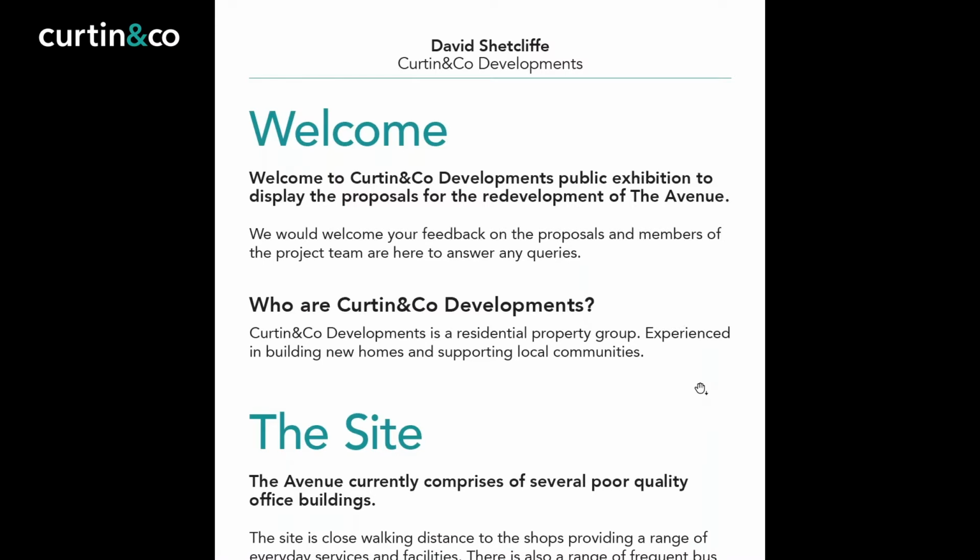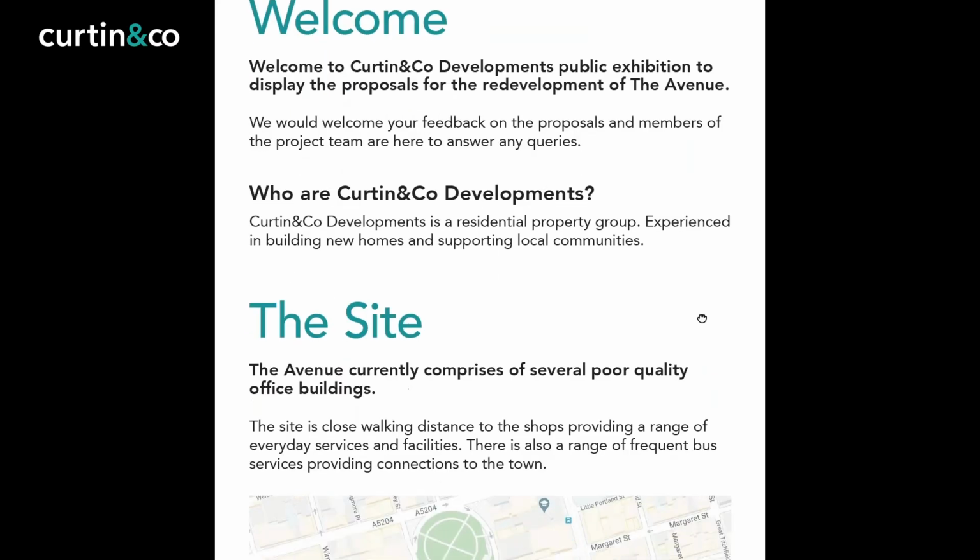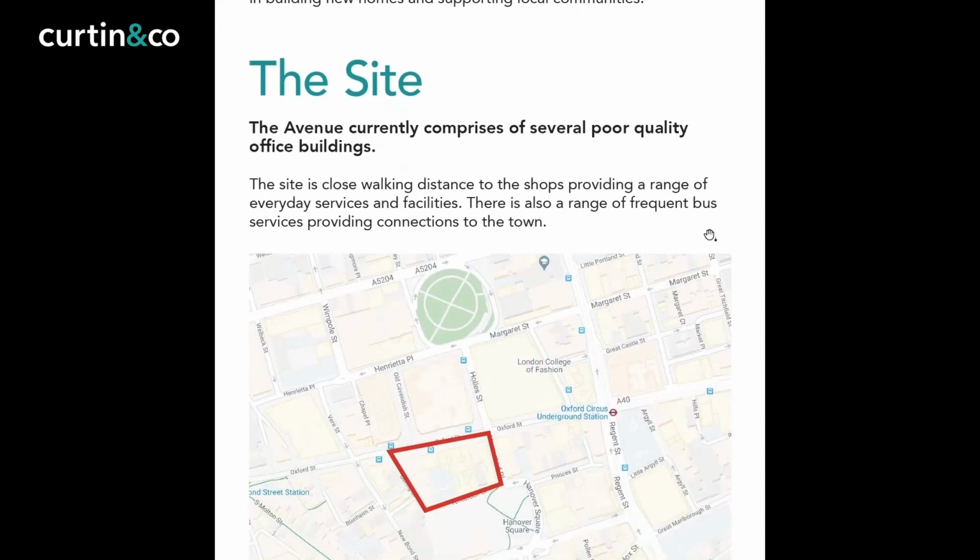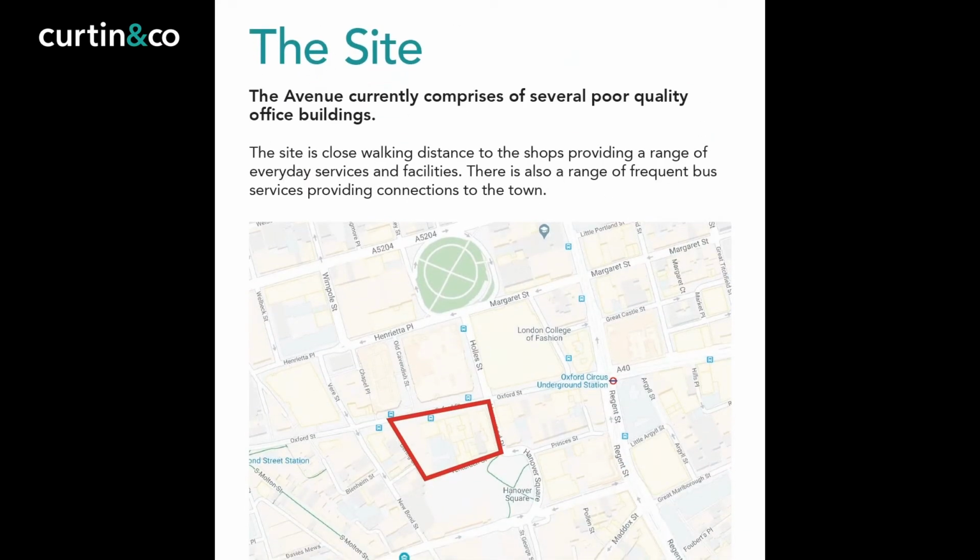We're experienced in not only building new homes, but also supporting local communities, which I'm sure you will all appreciate. Now, I'm sure many people know the site in detail. As you can see on the banner, it is in central London. It's currently office buildings, but we feel we can make a better use of this site.